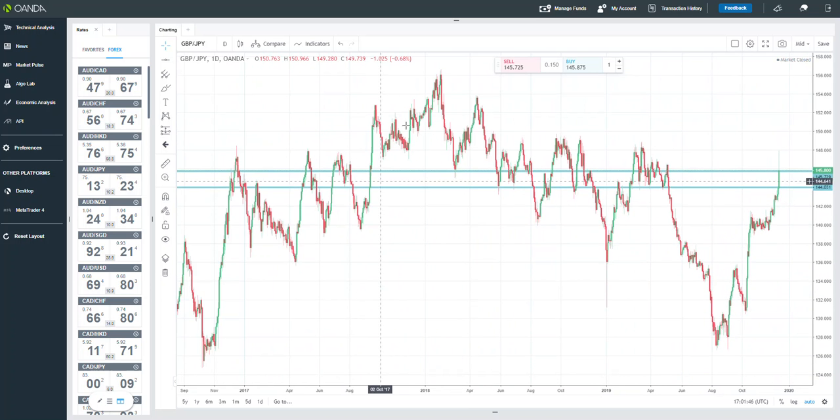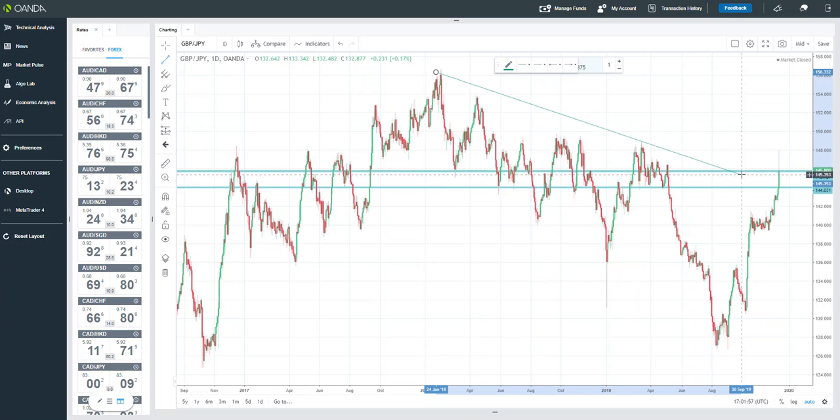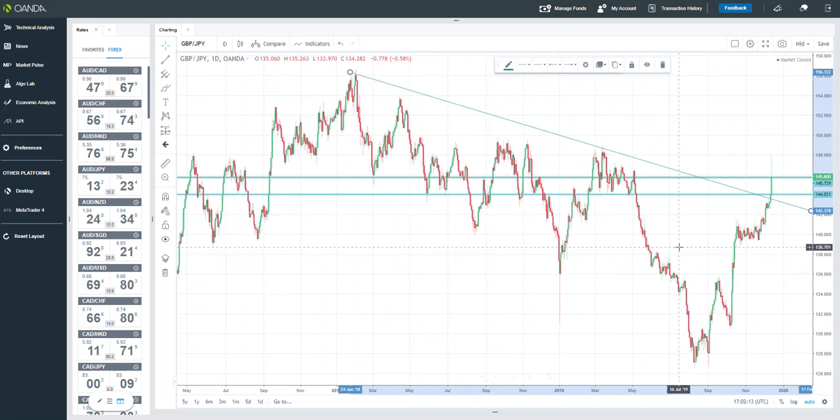So if we zoom out a little bit, let's look at the trend going all the way back to January of 2018. You see these peaks, this big trend, and we see that pound yen really shot through that, suggesting a more long-term trend reversal and heading back for this 156 area.